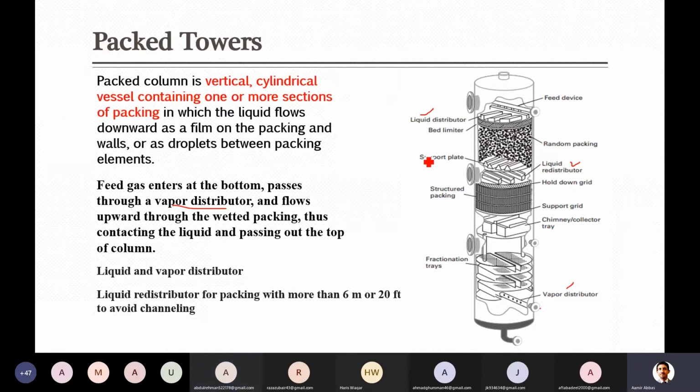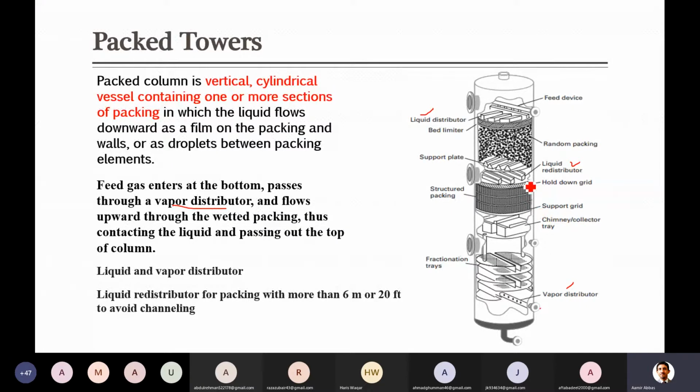Its distribution will be disturbed. It will pass through some path where there is less restriction, less resistance for the flow of the liquid. Whenever these packings are filled, there is some portion along the wall where, especially in case of structured packing, you can observe some vacant space.